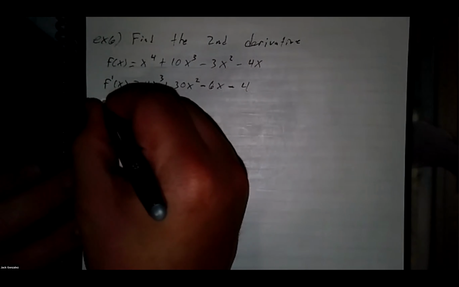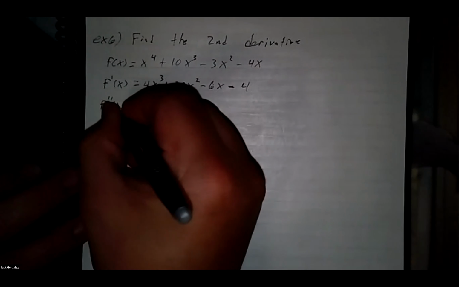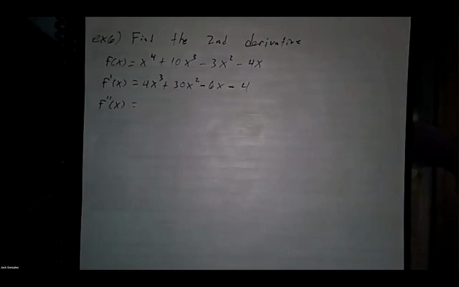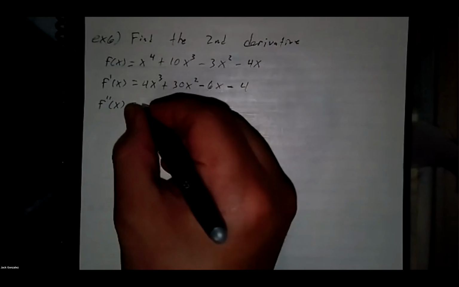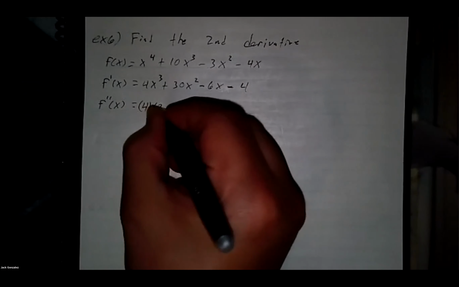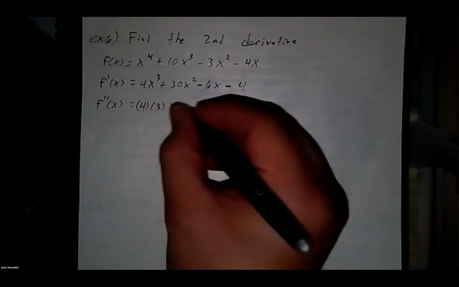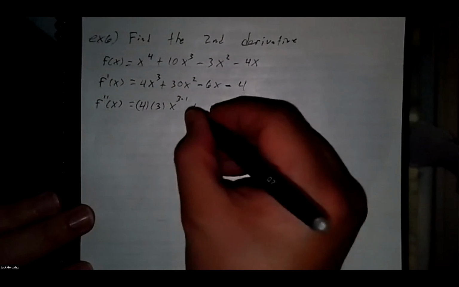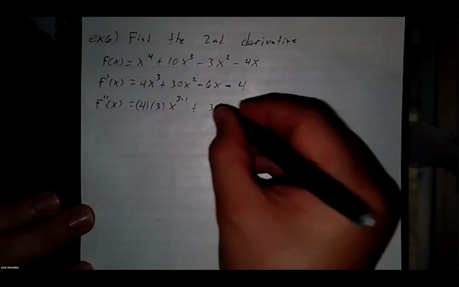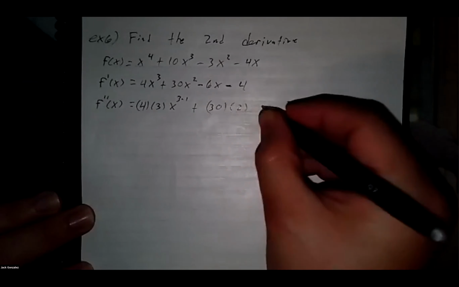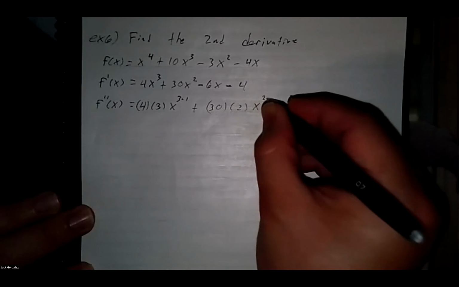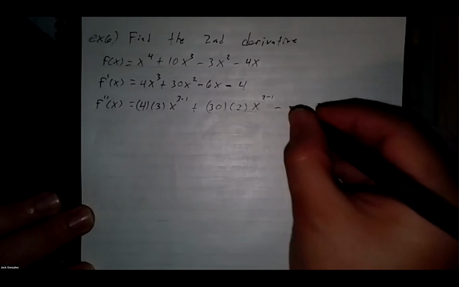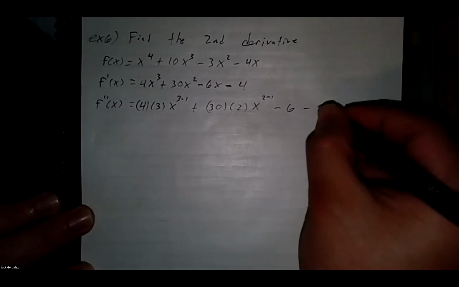So they want the second derivative. So do it again. So bring the 3 down. I'll show some steps. It'll be 4 times 3 x to the 3 minus 1 plus 30 times 2 x to the 2 minus 1 minus 6 minus 0.